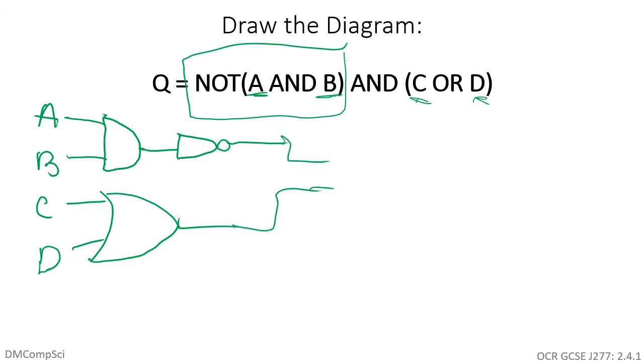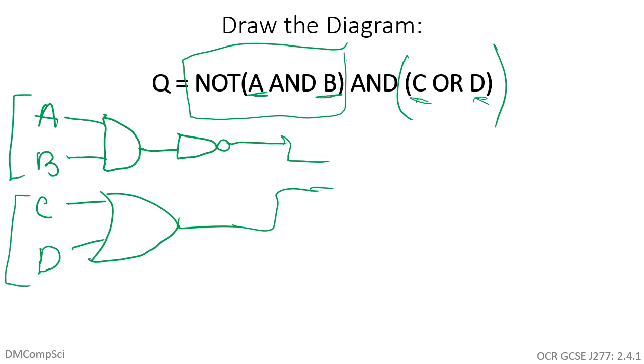We have an AND in the middle here. Now if you notice, either side of this AND we have our C OR D calculation, which we've got down here, and our NOT (A AND B) calculation, which again we have here.